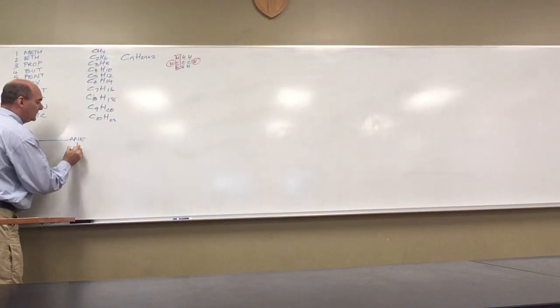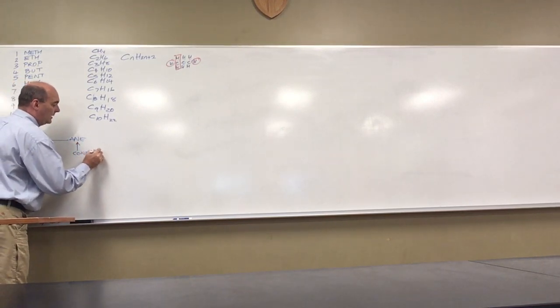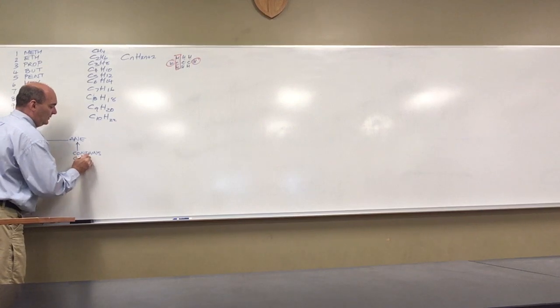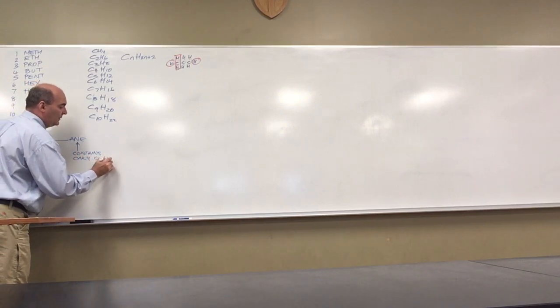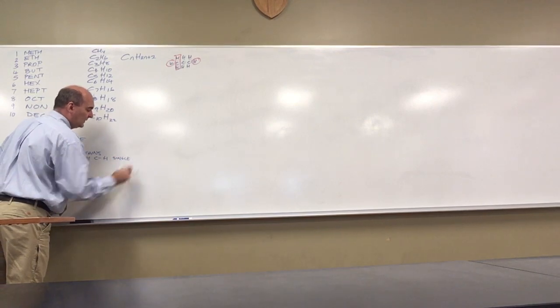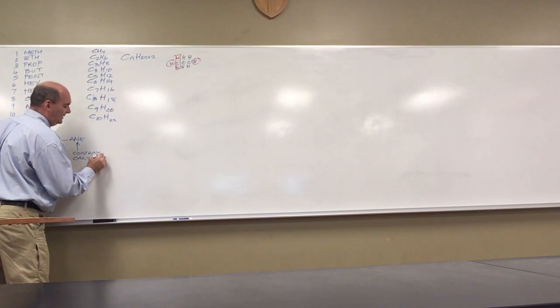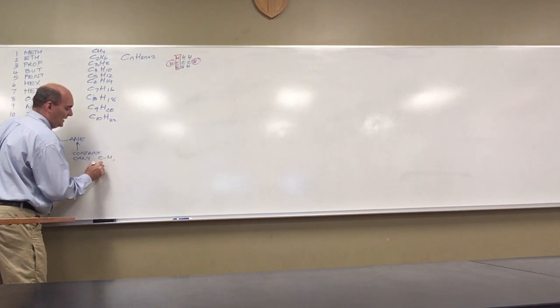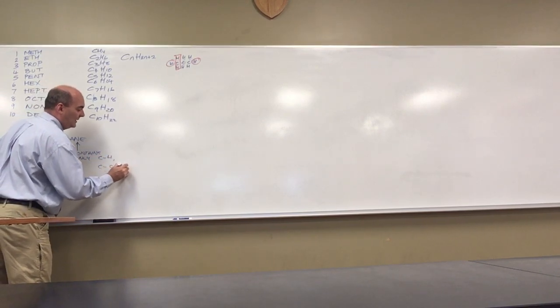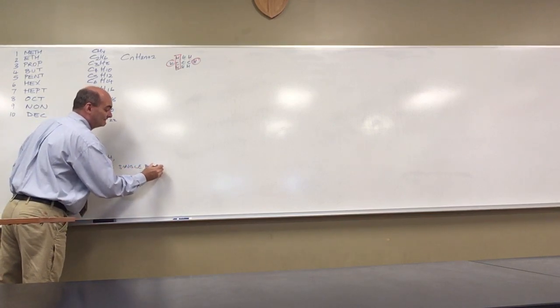The ane tells me it contains only carbon and hydrogen, single bonds. Now, they're always going to be single bonds. Contains only C to H, C to C, single bonds. Okay.